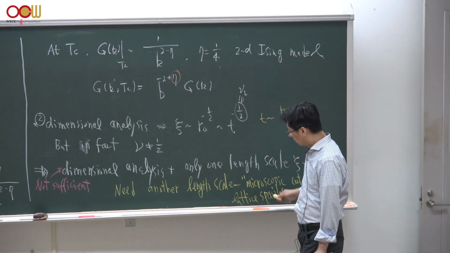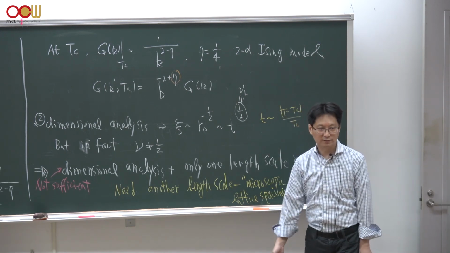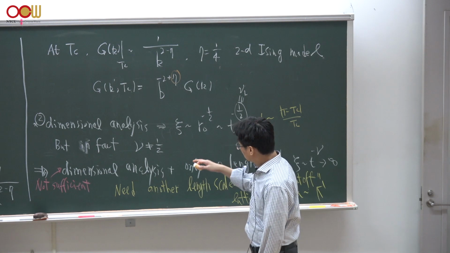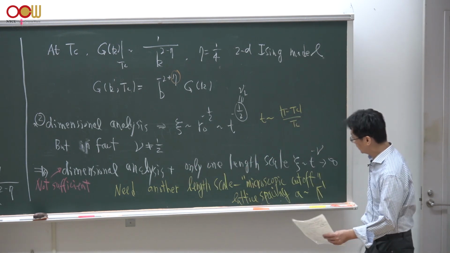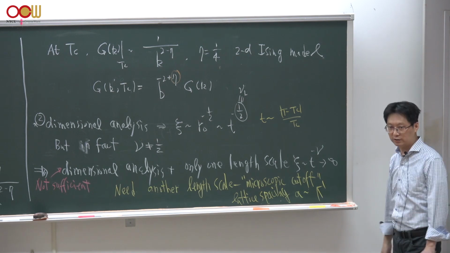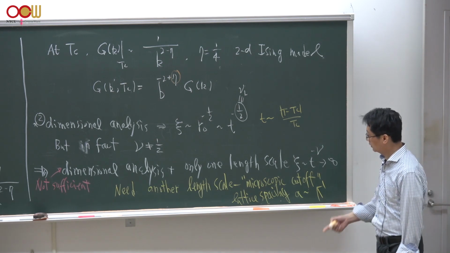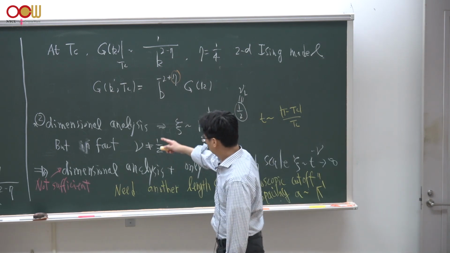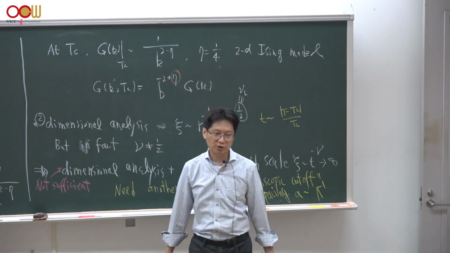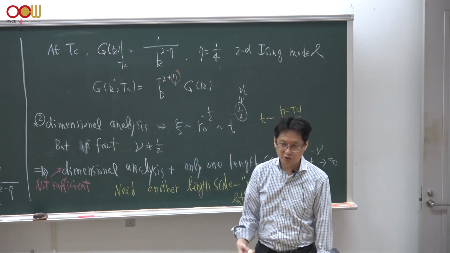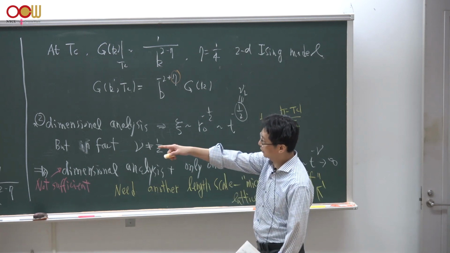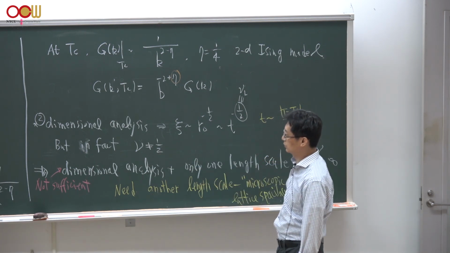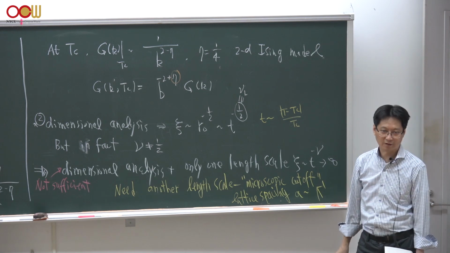Little a will get involved as well. So after the break, we will illustrate how this microscopic cutoff gets involved to modify the naive predictions by a Gaussian theory of the Landau free energy functional or the simple dimensional analysis that we just did.